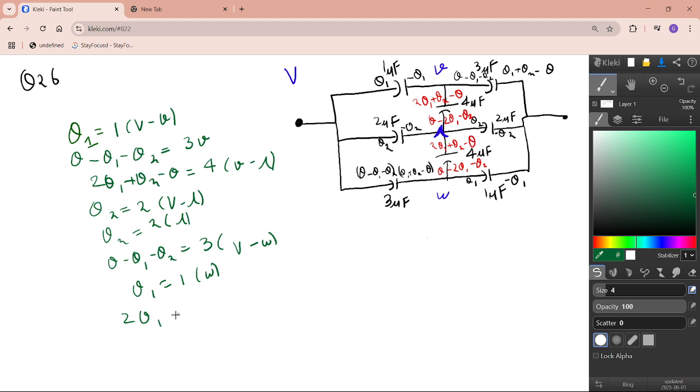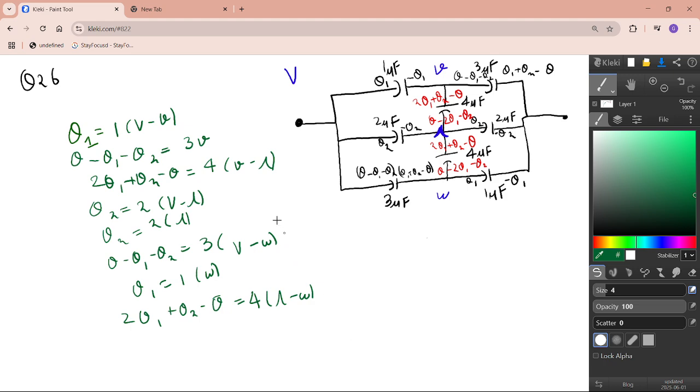And then 2Q1 plus Q2 minus Q is equal to 4 lambda minus omega. I hope all of them are right, because I have to solve a system of 8 equations, so best of luck to me.